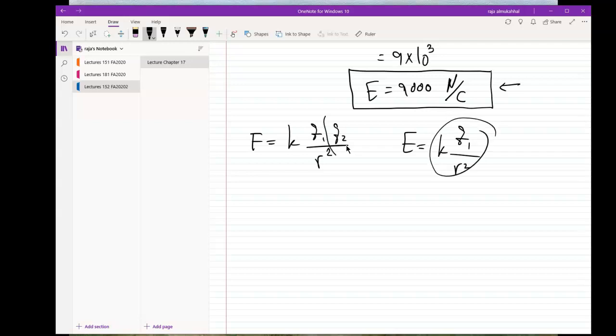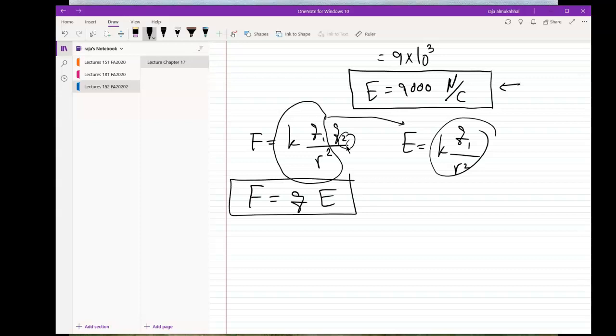See, if I take this part right there, that's equal to the electric field, you see what I'm saying? So therefore the force is equal to QE. I'm going to drop the 2, forget about the 2 for now. So it becomes QE. See that? So that's another relationship for Coulomb's law. F equals QE, or E is equal to the force over the charge.